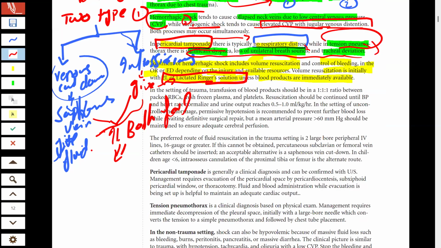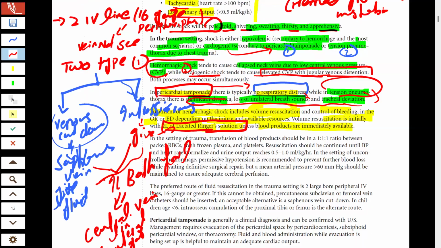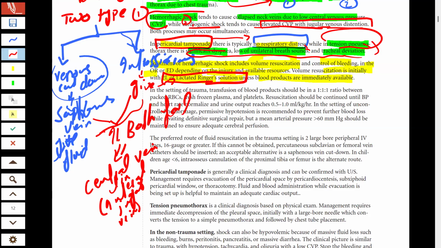You can go with a central line, a central vein line, through the internal jugular vein. This is the last resort to resuscitate the patient. So for CVP, you can go with the internal jugular vein and resuscitate there.